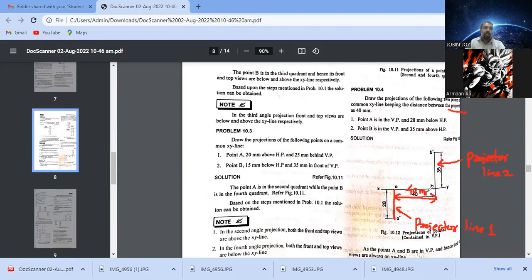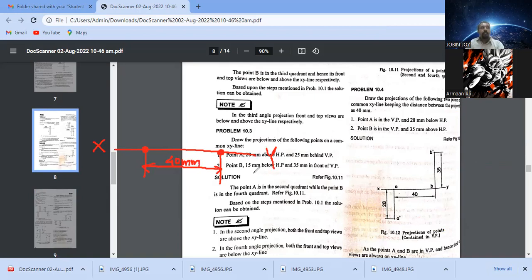So you have to take this distance as 40 mm, and then you have to draw the front view and top view of point A and B. Yes, you have to redraw that figure again. First, you have to draw the XY line and then mark 2 points on the XY line such that the distance between these 2 points is 40 mm.